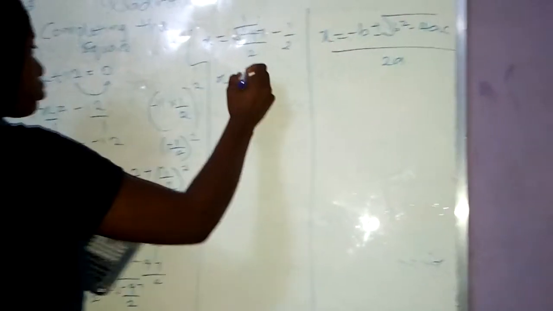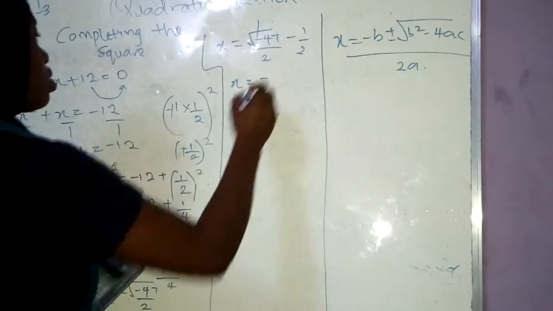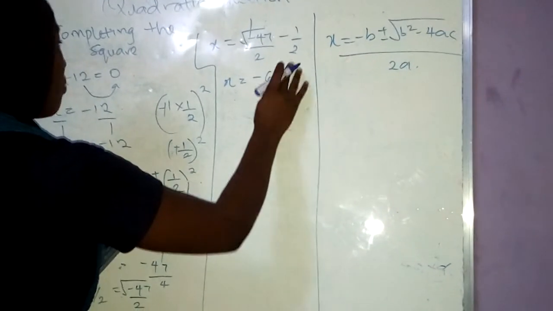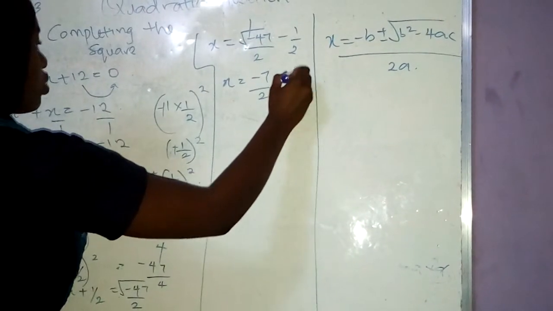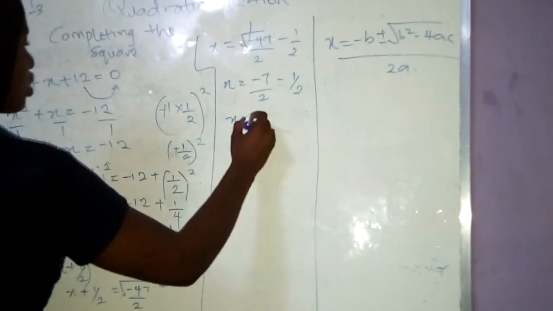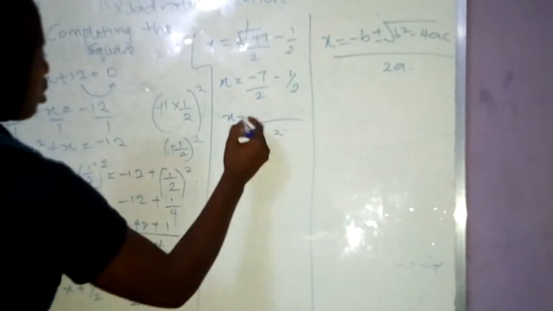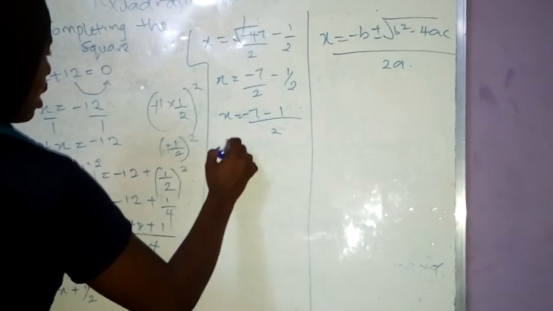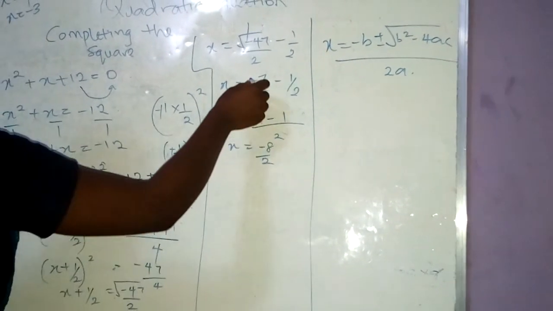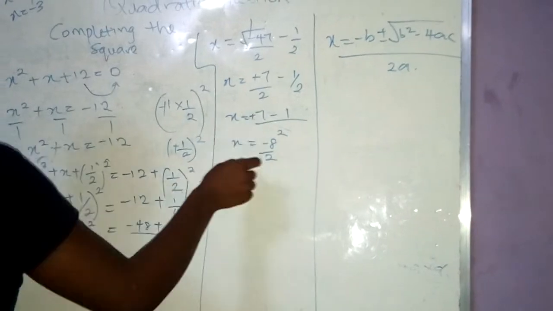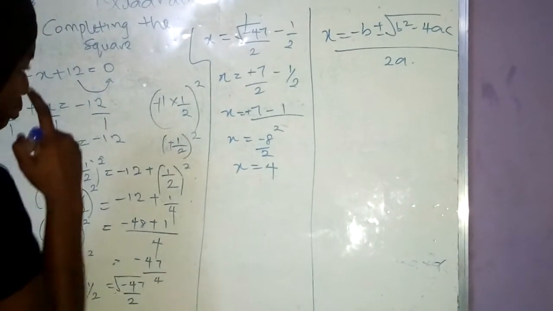That's going to be minus 6.8. Approximately, let's approximate it, 7 over 2 minus 1 over 2. Do the LCM. 2, minus 7 minus 1. x equals to minus 8 over 2. Normally this one is meant to be plus, but still this. So x is equals to 4.